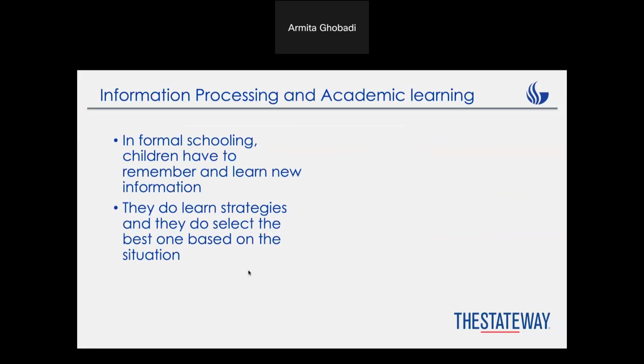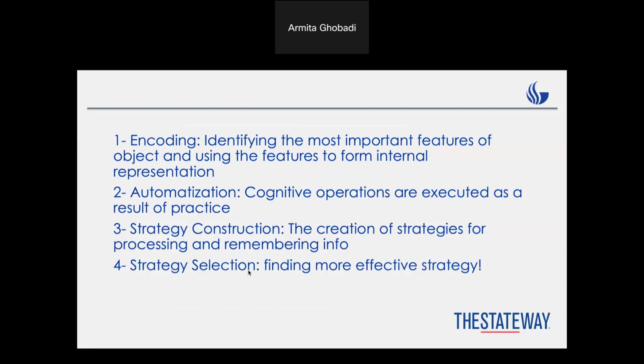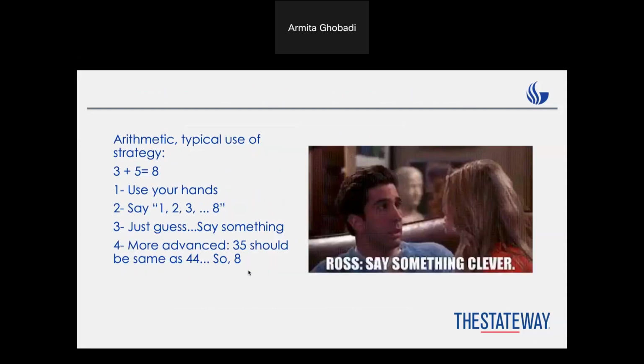In formal schooling, children have to remember and learn new strategies and new information. They learn those strategies from their teachers and from their parents. For example, here we have an arithmetic problem, just asking you what 3 plus 5 is equal to.